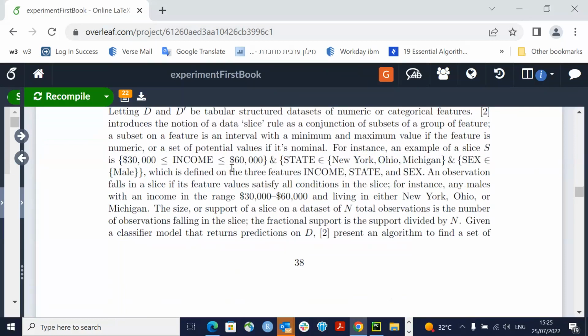We have a tool called Freya. Again, this is the slice feature. The slice aspect is a general construct which appears in different methods. But in Freya, we try to find subsets of the observations that are characterized by hyper rectangles on the features and contain higher than average mistakes of the classifier.